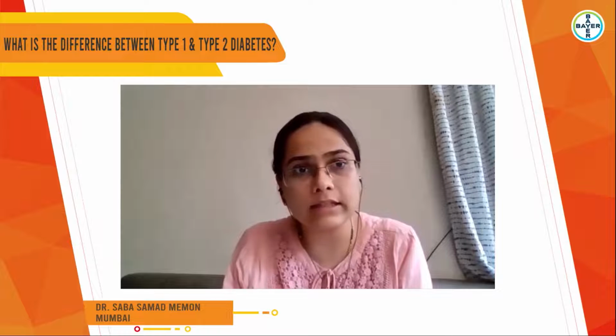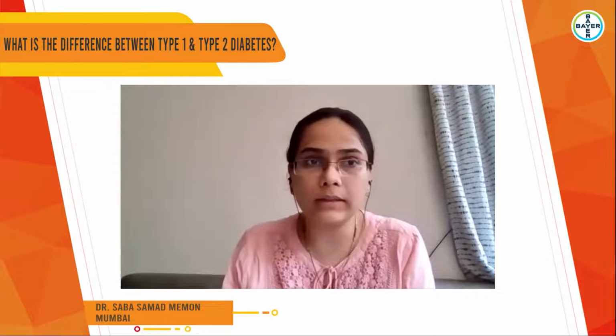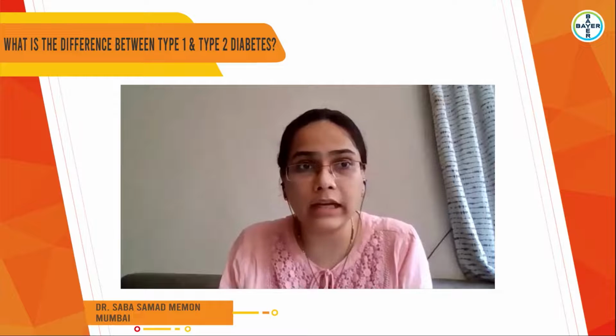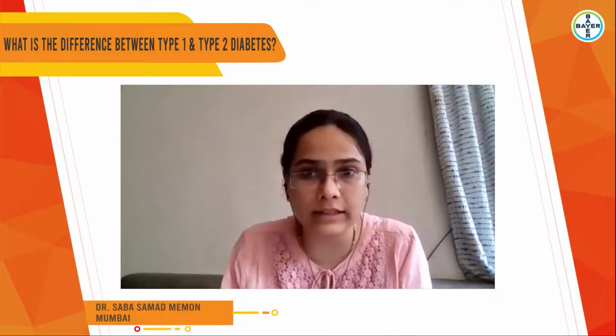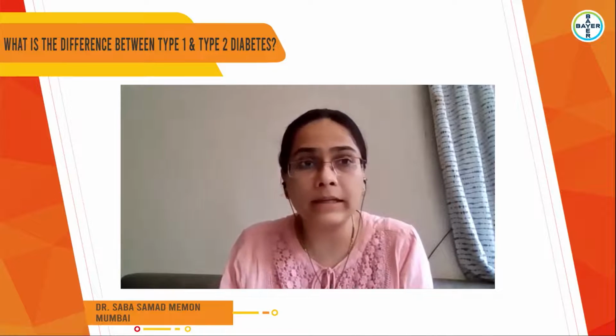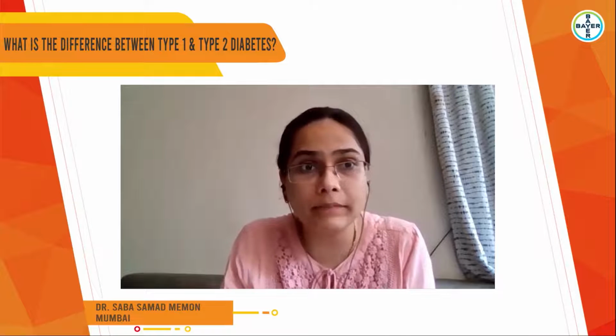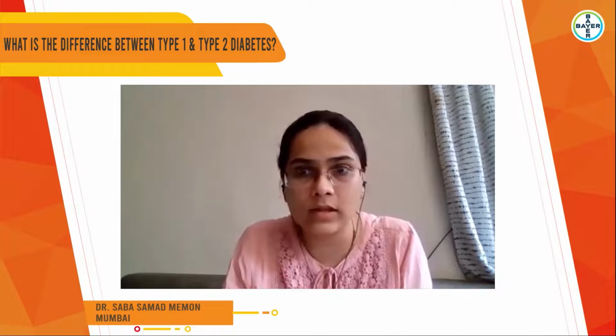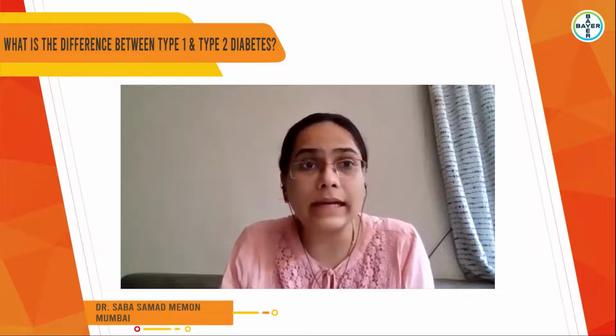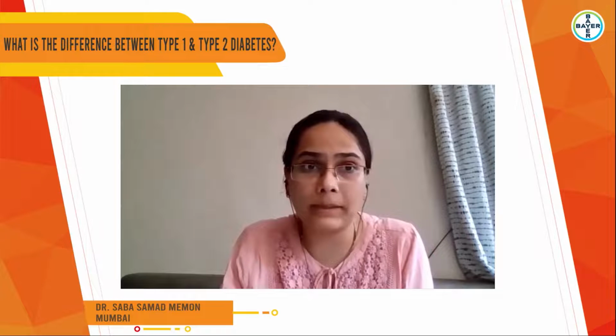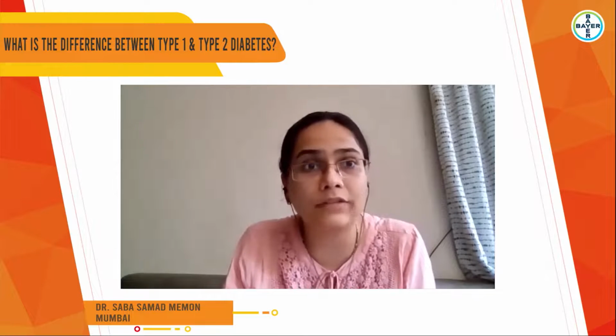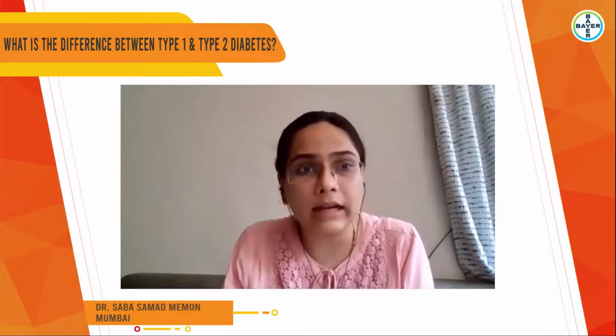And in such a condition, when there is no water in the body at all, in the face of very high glucose, these patients become very, very serious. They are unable to breathe. They will have vomiting and they get admitted with ketoacidosis. So if the person is admitted with severe hyperglycemia, breathlessness, and ketone positivity, they are likely to have type 1 diabetes.